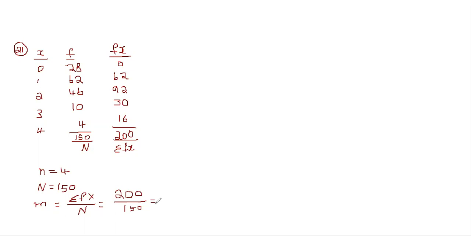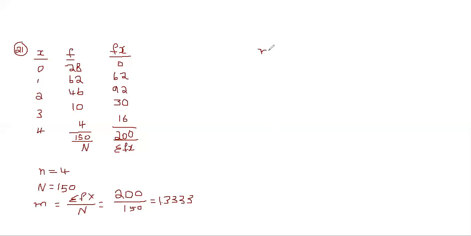So m is equal to 1.3333. Why have we found the value of m here? In order to find the probability of success and probability of failure. We got the value of small n here, and we got the value of m. So on the basis of this, we can find the probability of success.